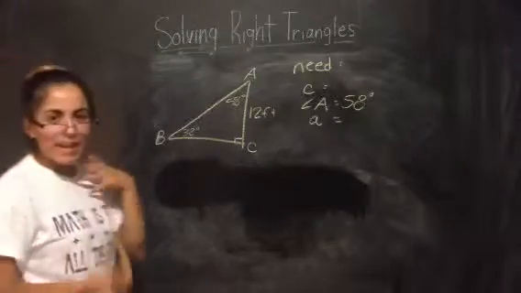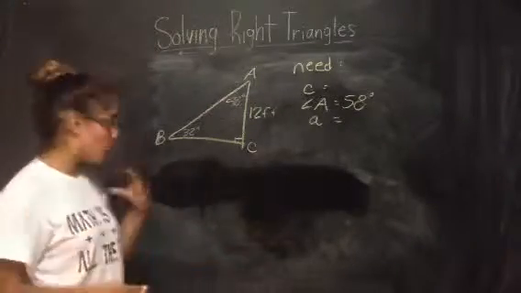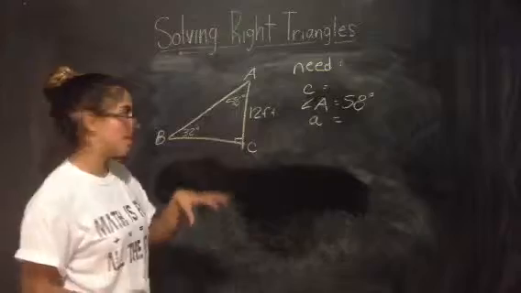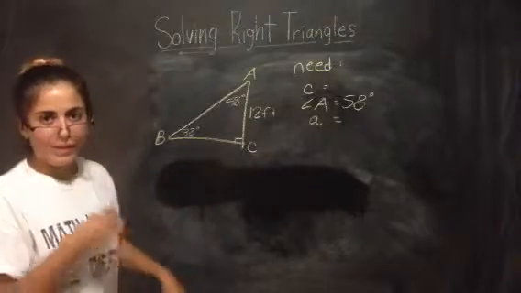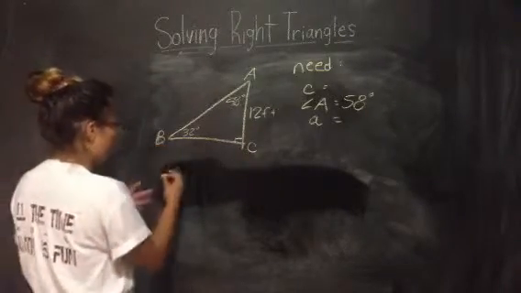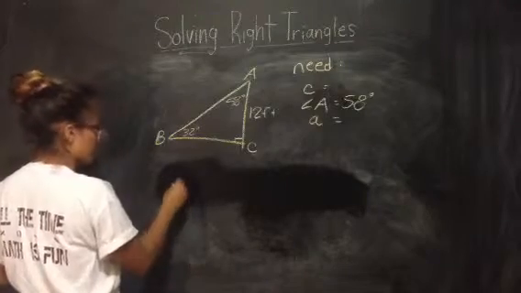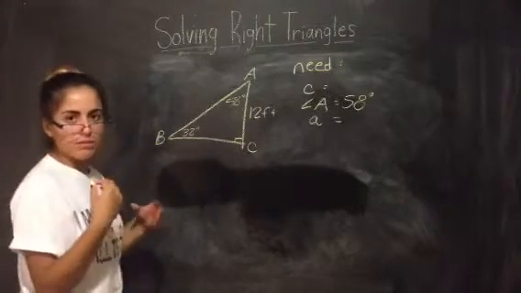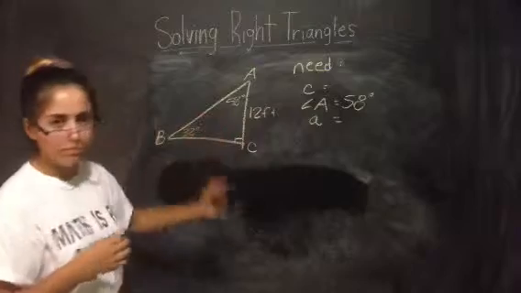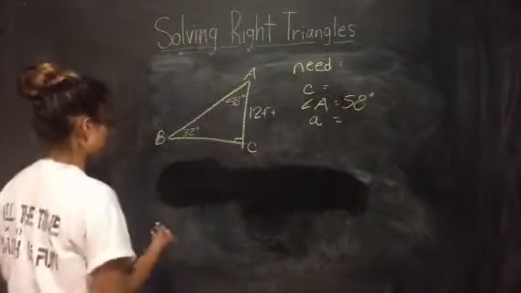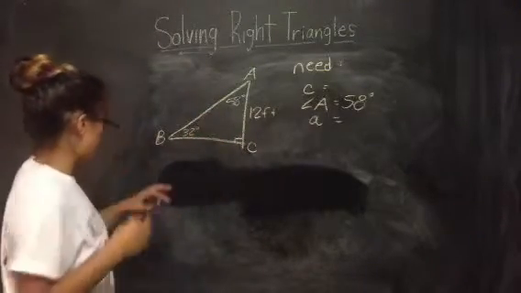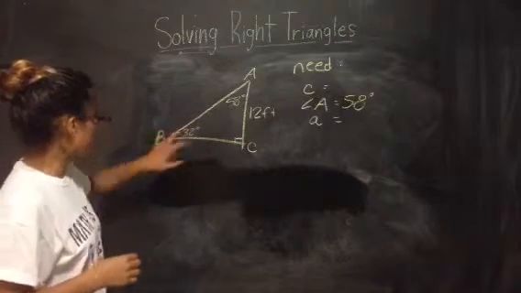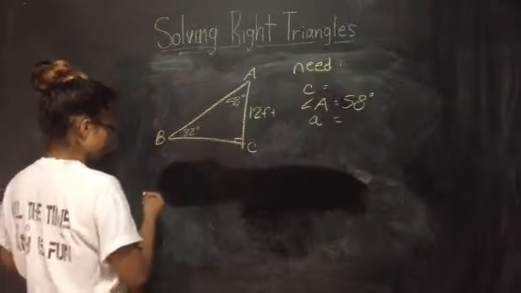So we can set up the same type of problem with the trig ratios, but with a different missing variable in the equation. So we'll have the angle, and we can solve for a variable in the ratio. So say we're trying to find side A right here.